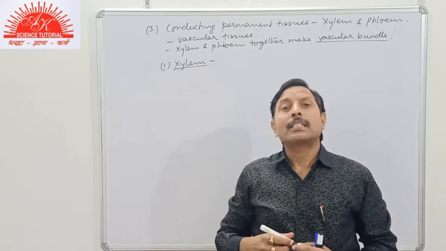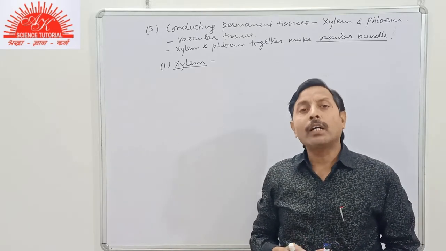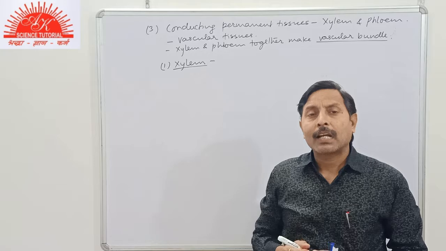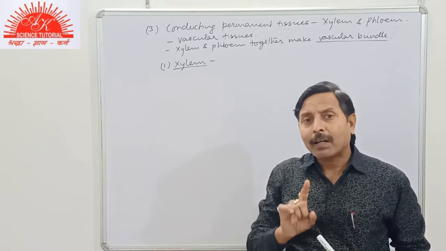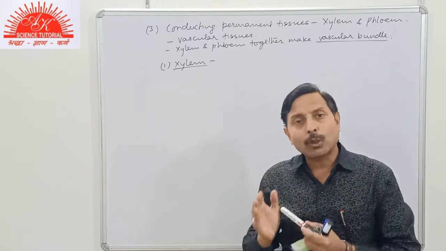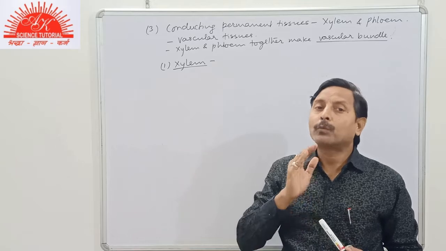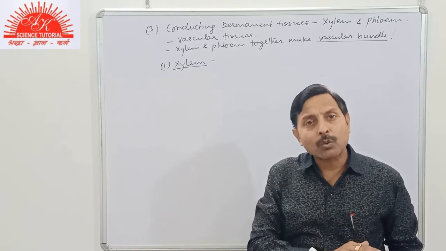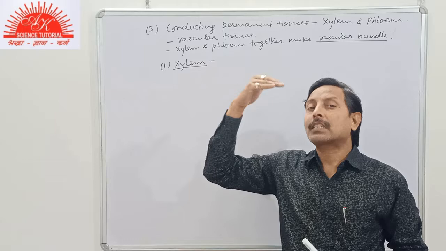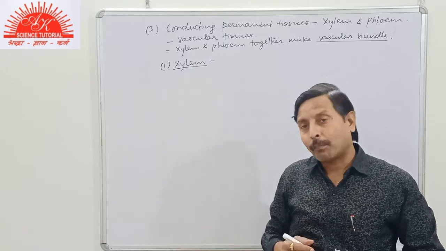Xylem consists of long tubular cells. They perform the function of transport of water and minerals absorbed by the root from the soil to the cells in the upper parts of the plant.